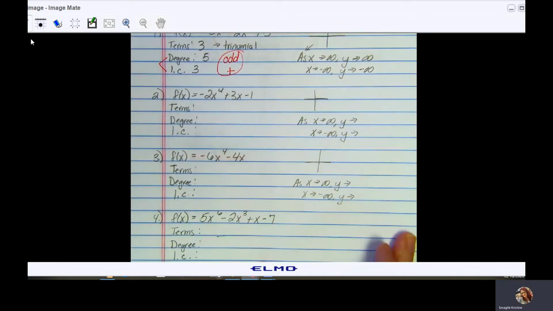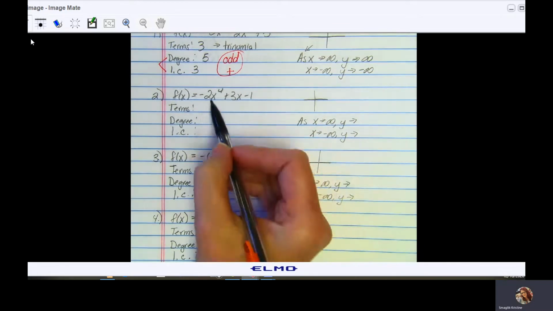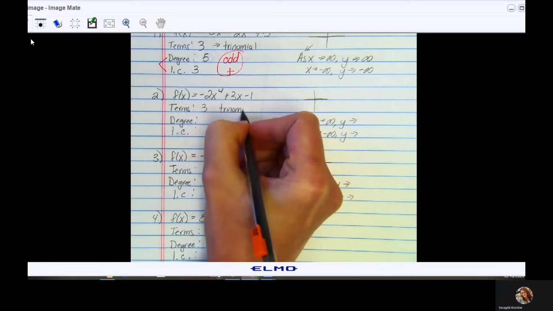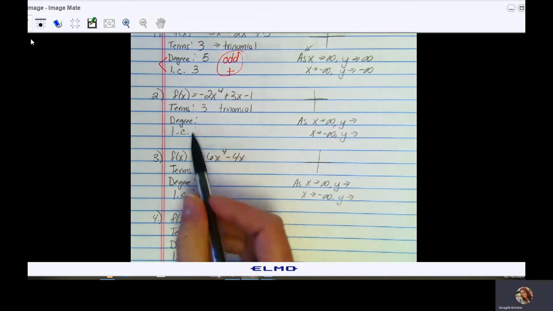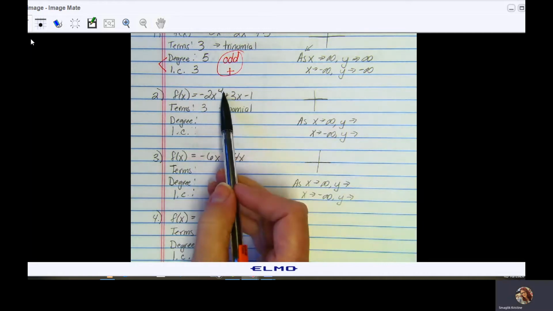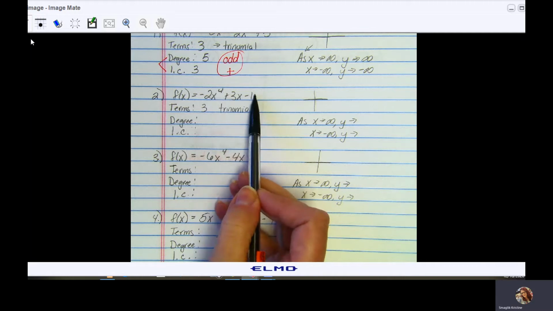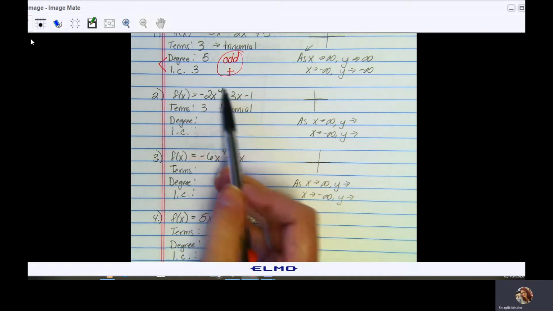Let's do another. Terms, we have 1, 2, 3 terms, which makes this a trinomial. My degree, again, we are in descending degree order. This is a degree 4, degree 1, degree 0. So my highest degree is 4.